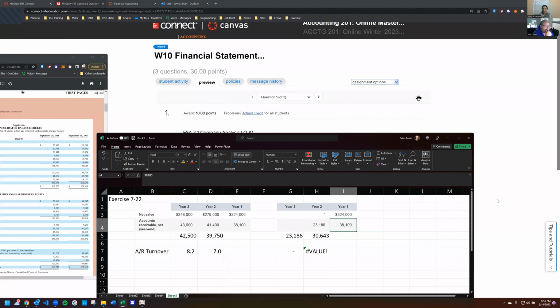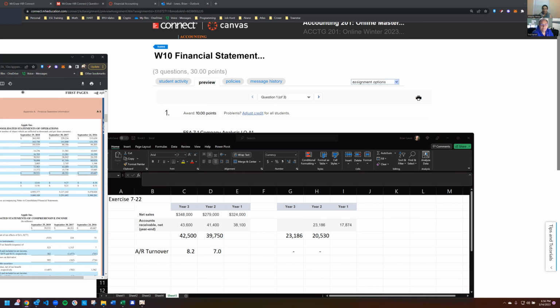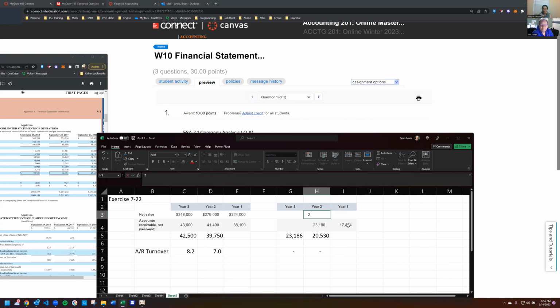23186 and 17874. I have to figure out their net sales. Consolidated operations net sales is 229234. Wrong one. I want to copy that one over. Wrong year. 265595.